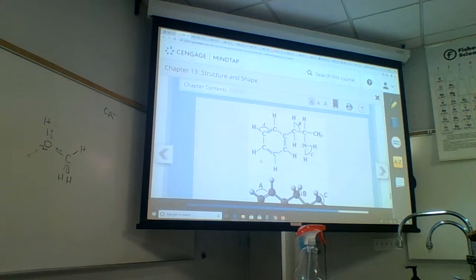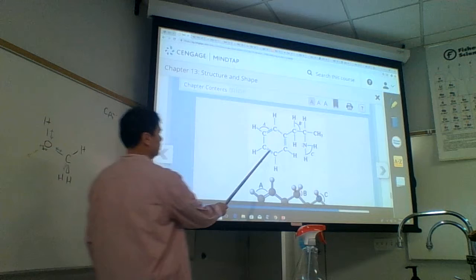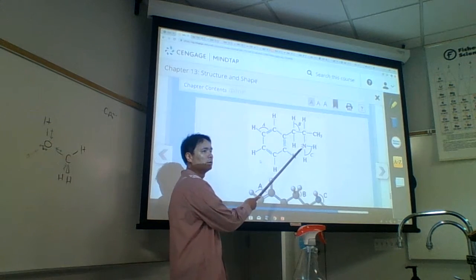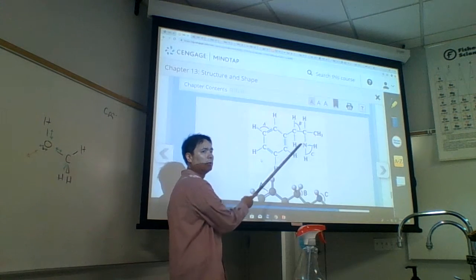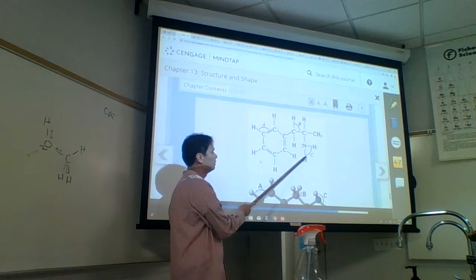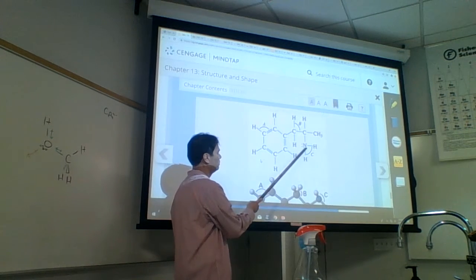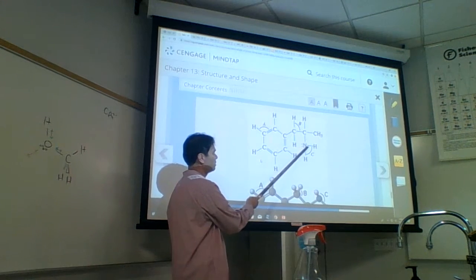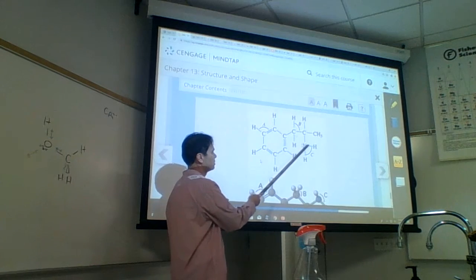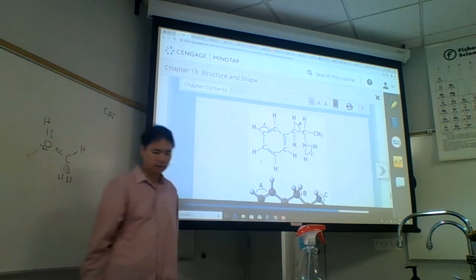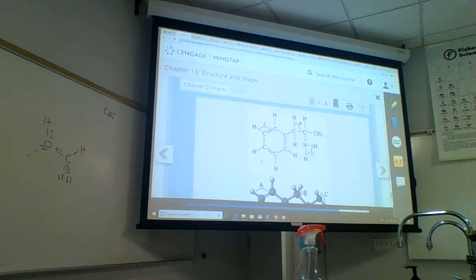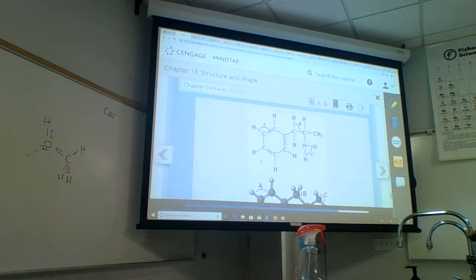Amphetamine, we got the carbon hydrogen stuff going on here, but what's that? That's an amine type group there. The N, do you see the NH2? So we got nitrogen, it's like ammonia. So when we got nitrogen in there, that could be an amine. If it's nitrogen bonded to hydrogen or carbon, it would be an amine.